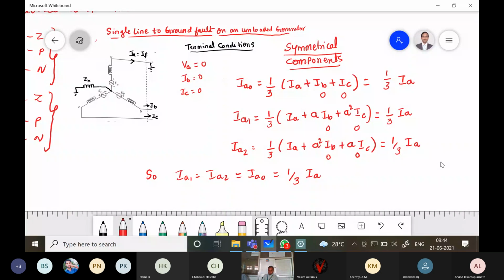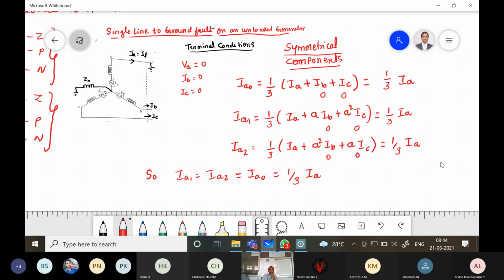So from this we have to draw the sequence network. Here IA1, IA2 and IA0 are all equal, so we will draw the series circuit, a series connection between the positive sequence, negative sequence and zero sequence networks. We need to draw the three networks now: positive, negative and zero sequence.